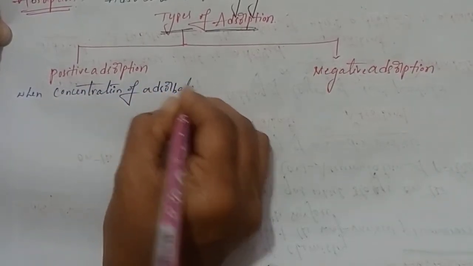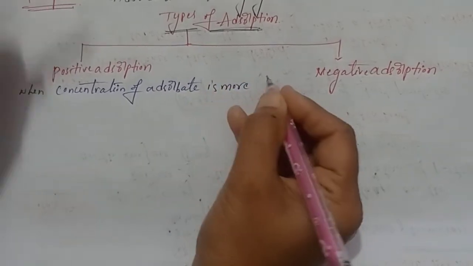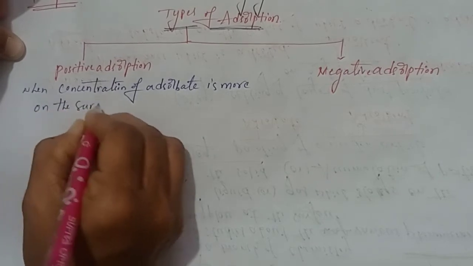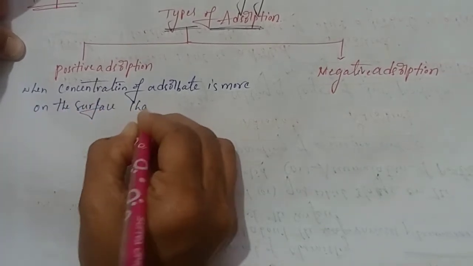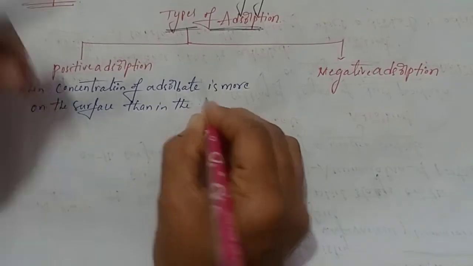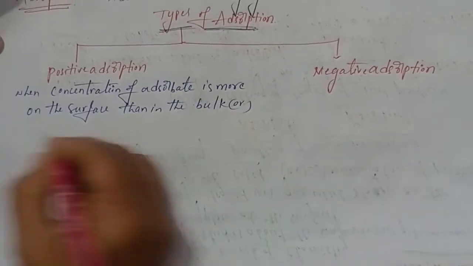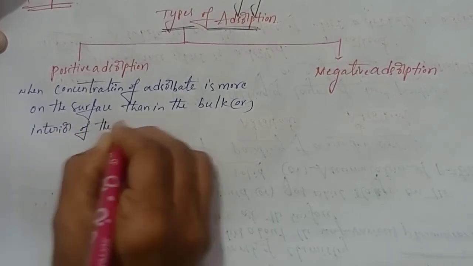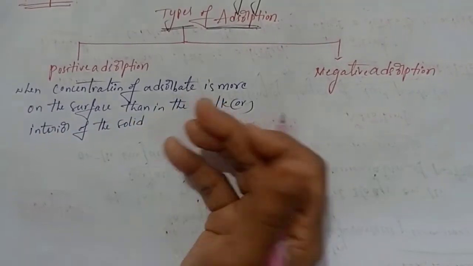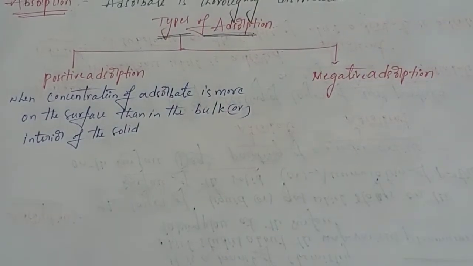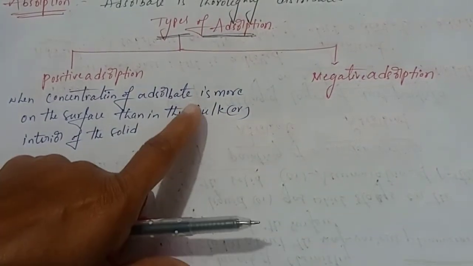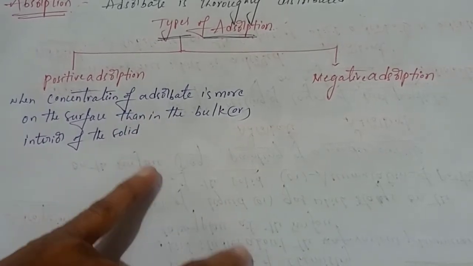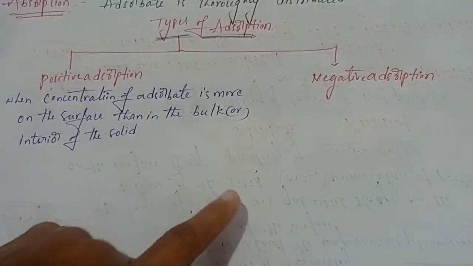That means when the concentration of adsorbate is more on the surface than in the bulk or interior of the solid, it is called positive adsorption.